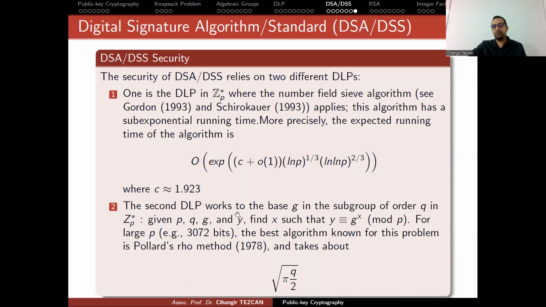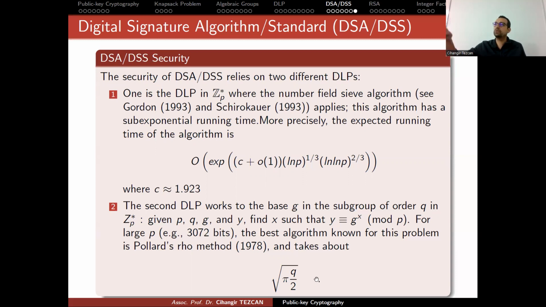The second discrete logarithm works to the base G in the subgroup of order Q in Z_P star. Given P, Q, G and Y, find X such that Y is equal to G to the X modulo P. For large P, for instance 3072 bits, the best algorithm known for this problem is Pollard's rho method and takes about this many steps, okay? Due to this square root operation, this is why we choose Q as 256 bits, okay?